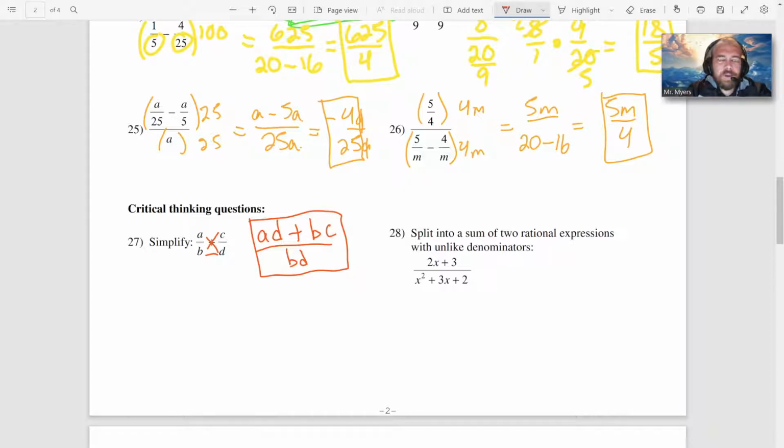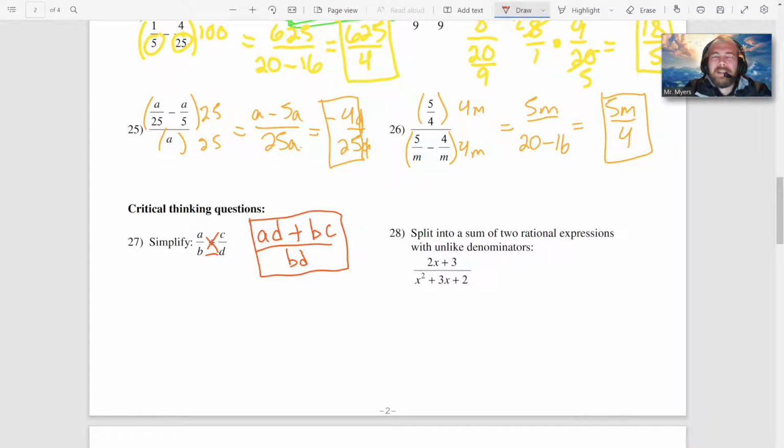And arguably, what we started with was more simple, because it's only got 4 things. A, B, C, and D only occur once each, whereas when you add the fractions, you actually end up with 1, 2, 3, 4, 5, 6 things, but that is probably what they'll want for an answer for number 27. But, you know, it is what it is.